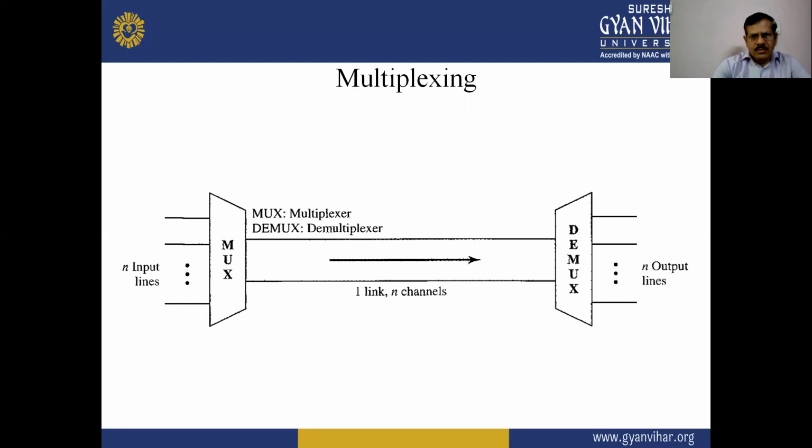So the multiplexer converts n input lines into one channel, and again the demultiplexer converts one channel or one link into different output lines. This is the example of multiplexing in this diagram.